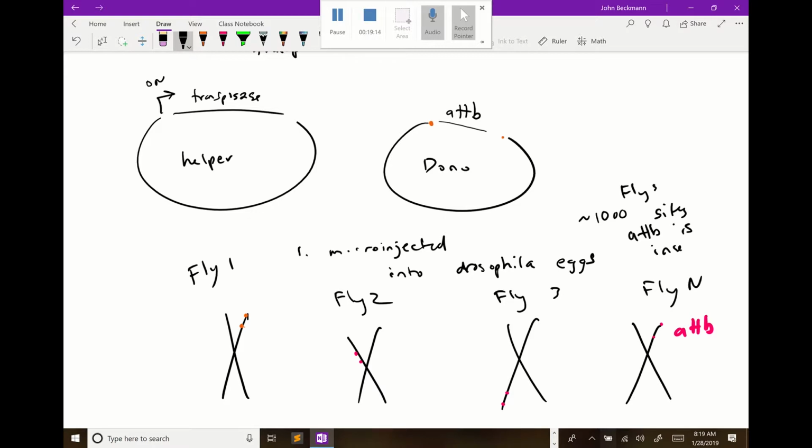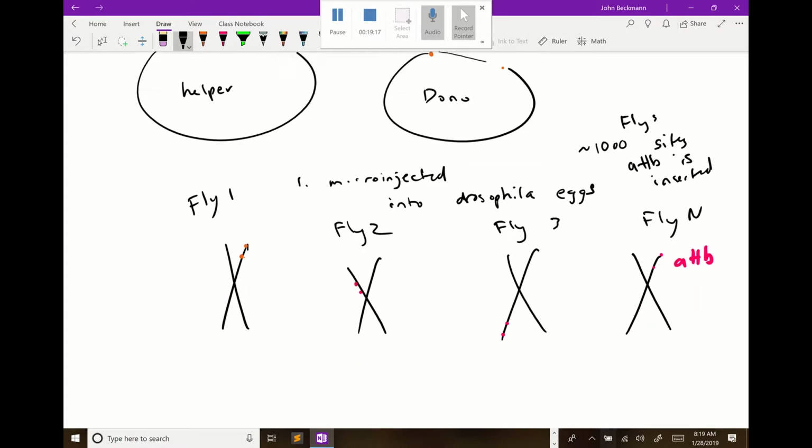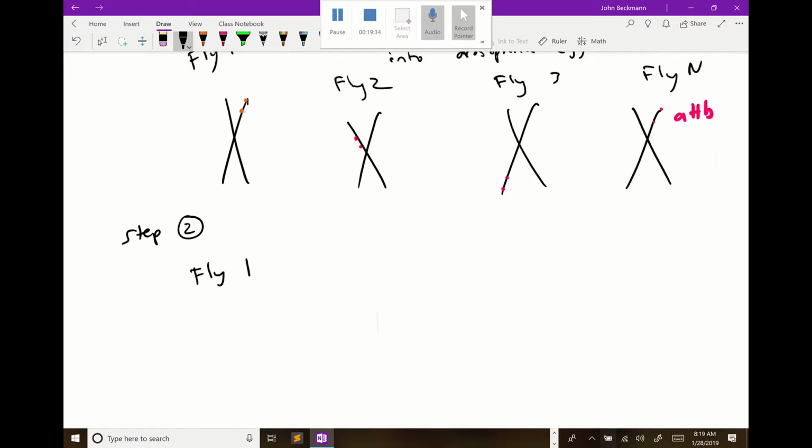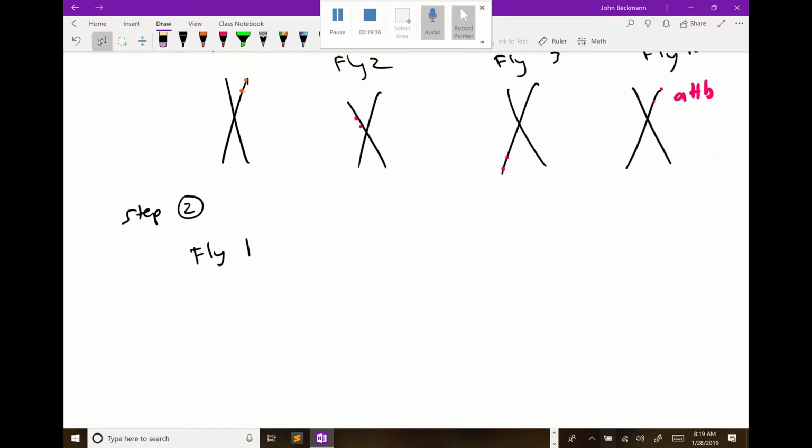Okay. Now step two. Before, we always had to do Drosophila transgenesis with transposons. Now what we do is, let's say we take fly one. Now instead we make a plasmid that has ATTP.